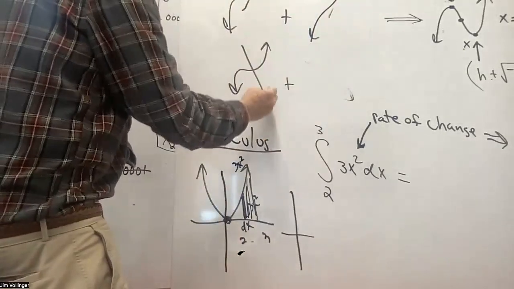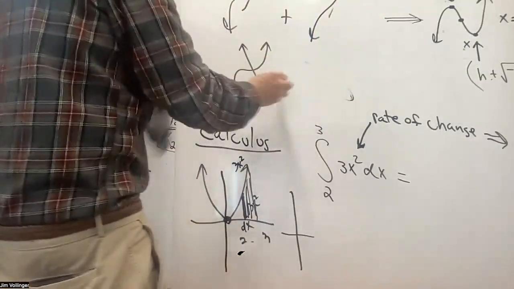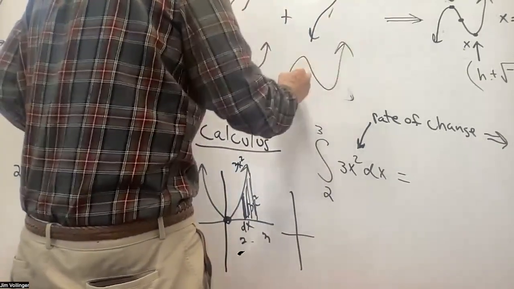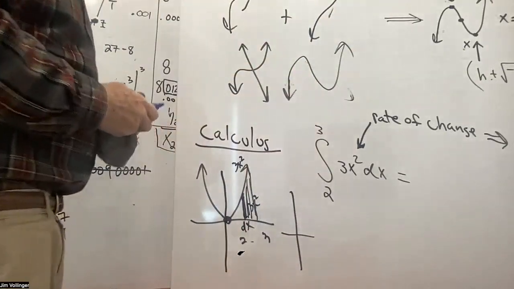But if I brought in a linear term that was negative, then adding those 2 graphs would get me something like this. And again, the cubic is flat. And why is the cubic flat?